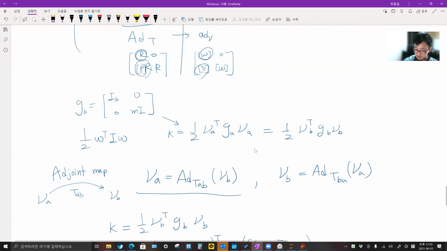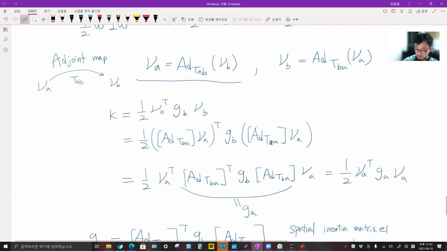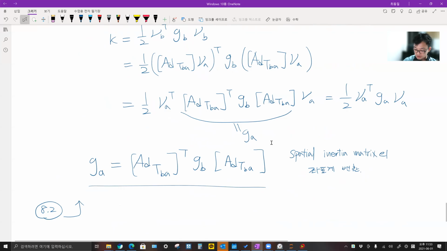And even in A frame and B frame, this energy is the same. So using this relationship and the adjoint map relationship, we can calculate the transformation method. So if you want to transform GB to GA, we can use the adjoint transpose, G, and the adjoint here.